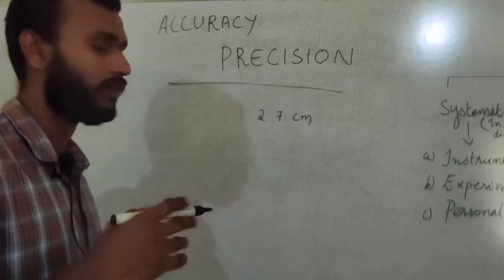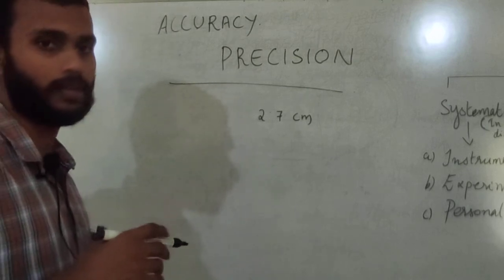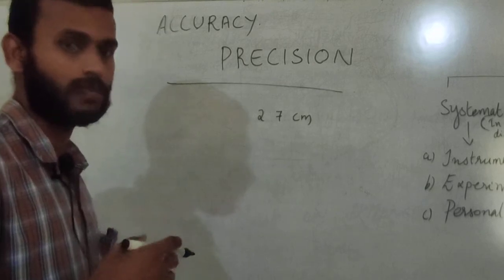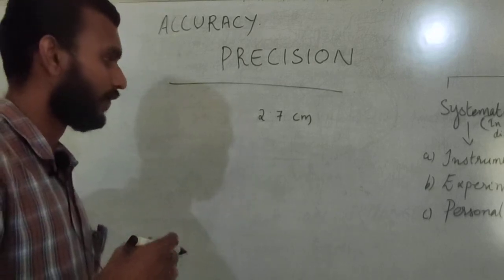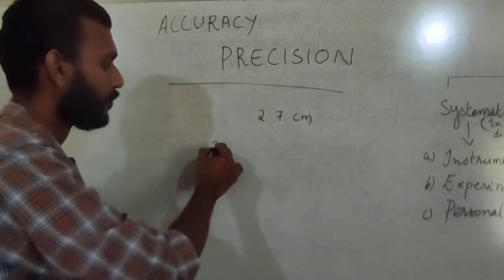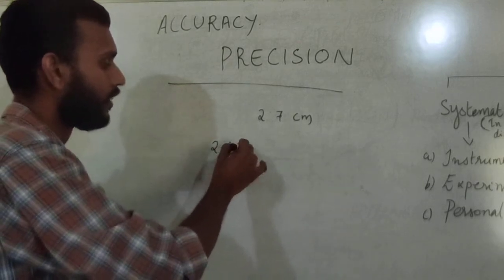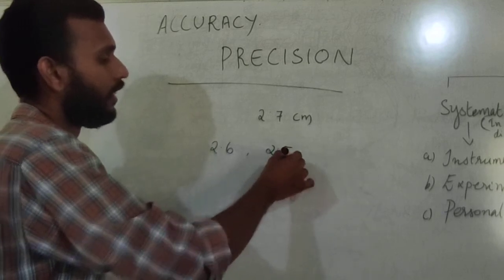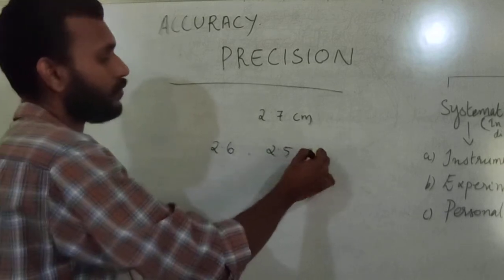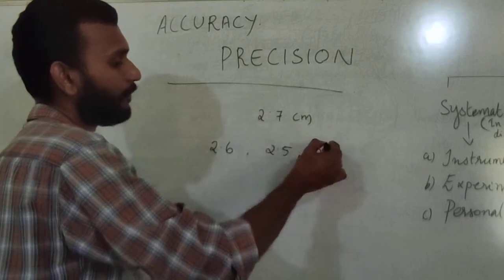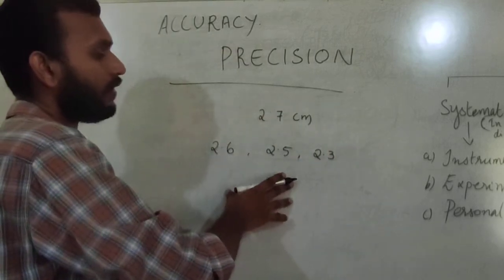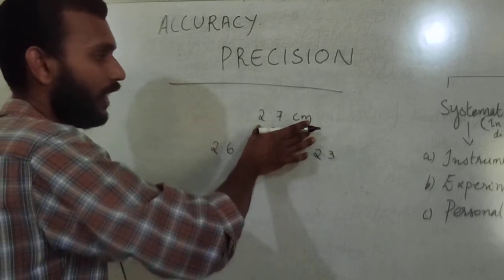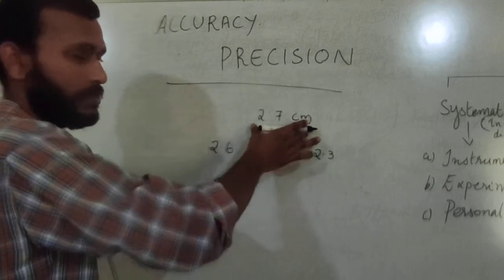Three of your friends measure the material with some measuring instruments, and one friend obtains the value 2.6, another obtains 2.5, and another obtains 2.3.